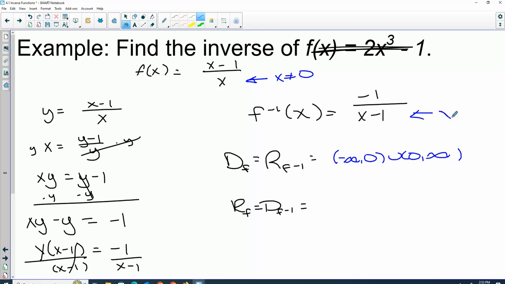The denominator can't be 0, so x can't be 1. So that would be negative infinity to 1, union 1 to infinity. Questions?